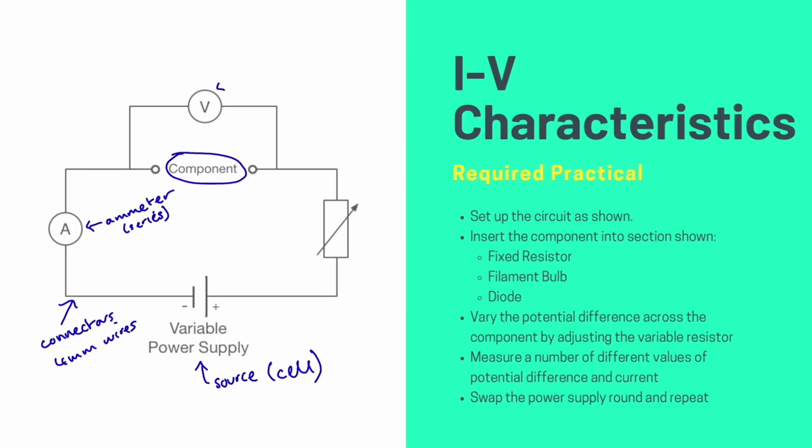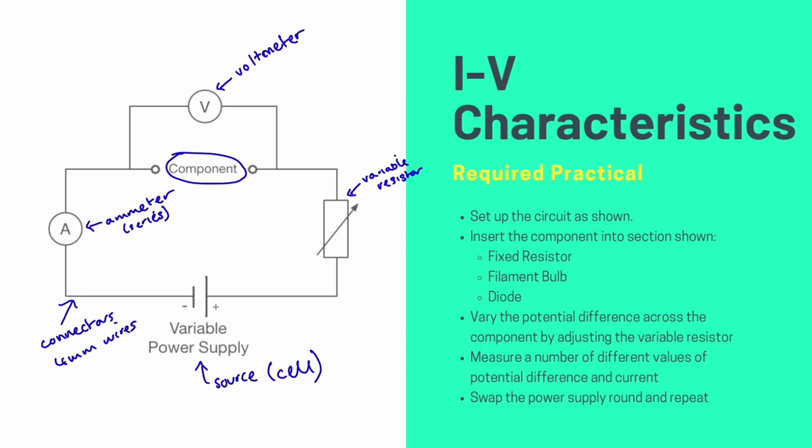And we have our voltmeter, which measures the potential difference across the component, and that piggybacks over the component. And finally, we have our variable resistor. And you can see, apart from the voltmeter, they're all in one series circuit.